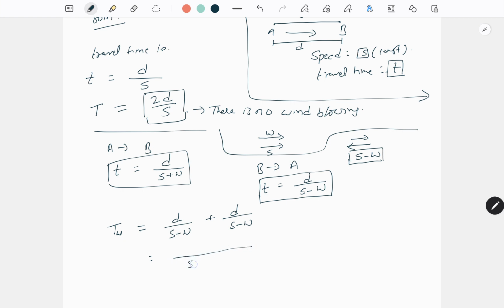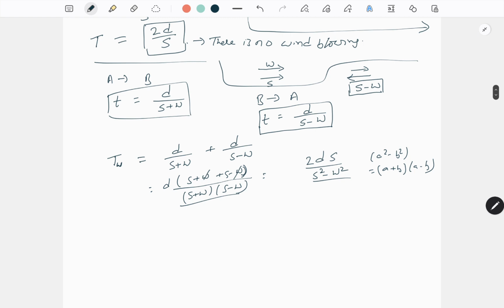We can take d common. We will have s minus w plus s plus w, and then finally we will have 2ds by s square minus w square. The denominator will be s square minus w square. I hope you are aware of the formula a square minus b square, which is a plus b into a minus b, and this is in the same format.